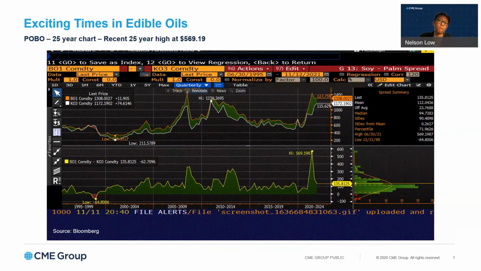So we convert that from ringgit into US dollars, and you have US dollars per metric ton. So now you're comparing the same two conversions. And when you do that, you take one and you subtract the other. That's your spread. And this is the spread that we've seen over the last 25 years. And you see that it's quite an interesting spread.